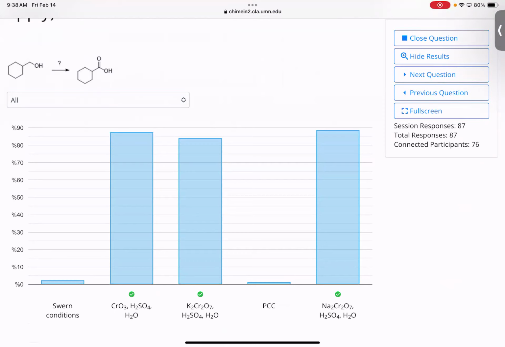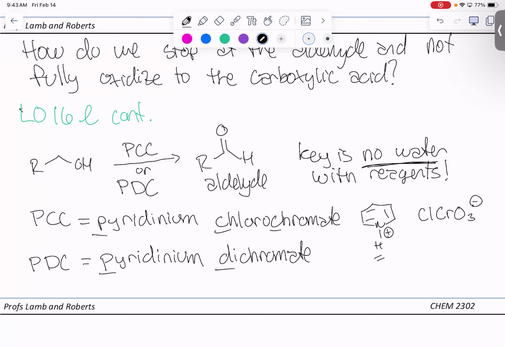All right, PDC is just a very close derivative of this, which is pyridinium dichromate. Right, and so this is the same pyridinium and Cr2O7 2 minus.